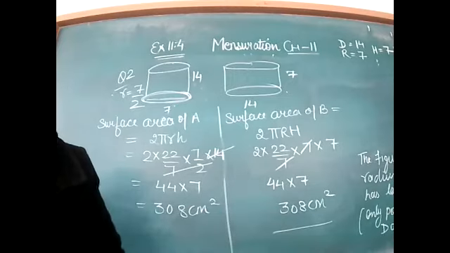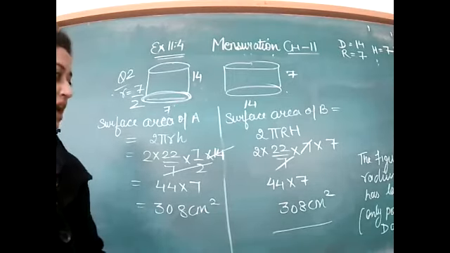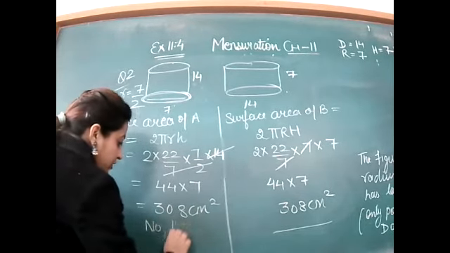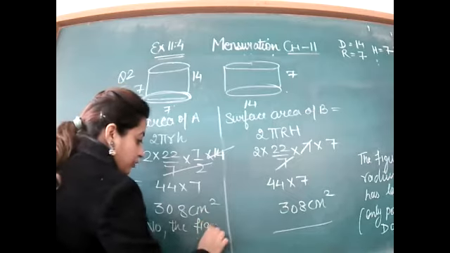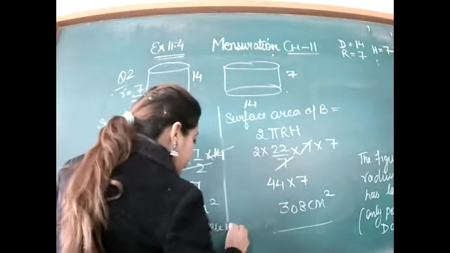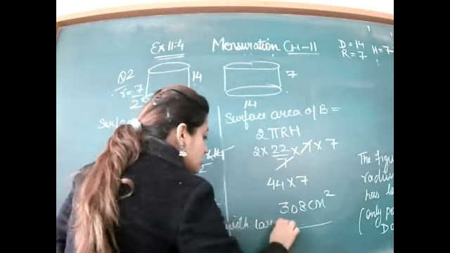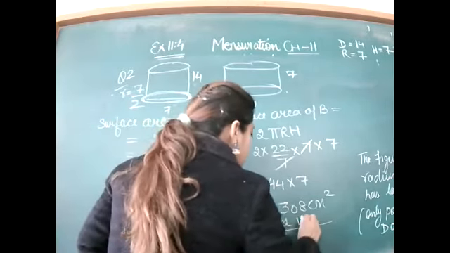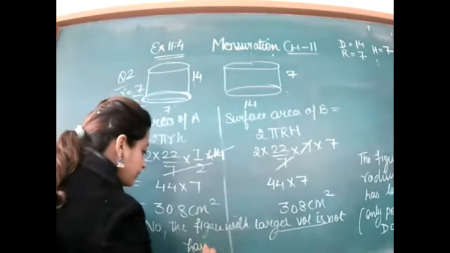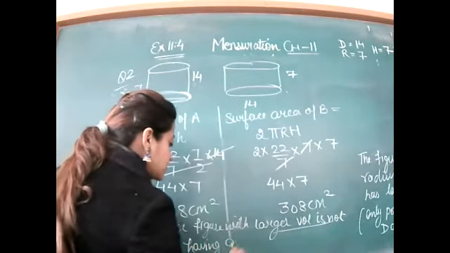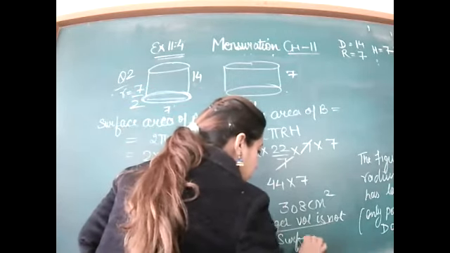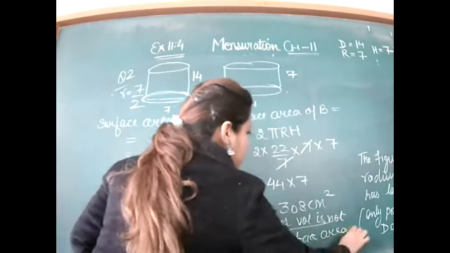So we have concluded here that the question asks whether the figure that is having larger volume has larger surface area. No, the figure with larger volume is not having greater surface area.